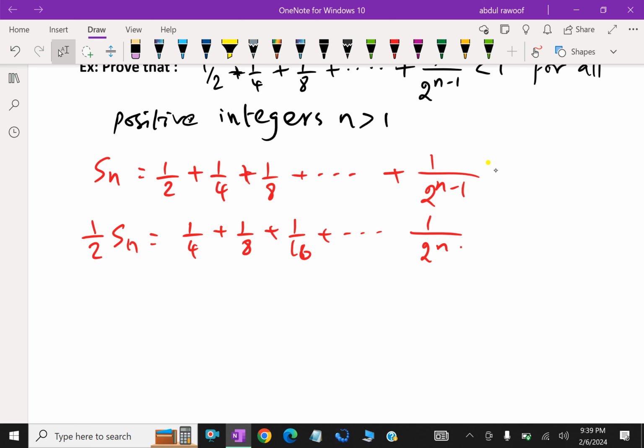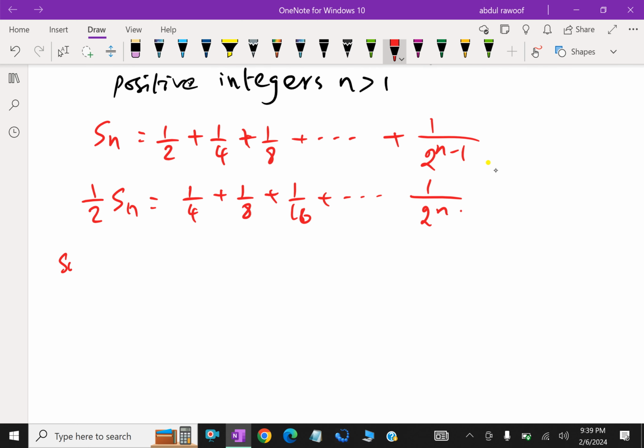Now subtracting both expressions, Sn minus half Sn is another half Sn. Look at here, this 1 by 4, 1 by 4 cut, 1 by 8, 1 by 8 cut, this all cut, only the remaining things is half minus 1 over 2 power n.